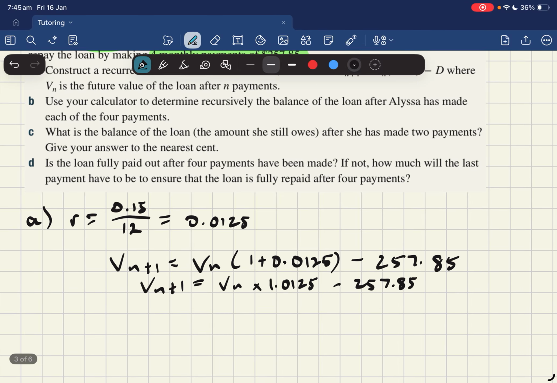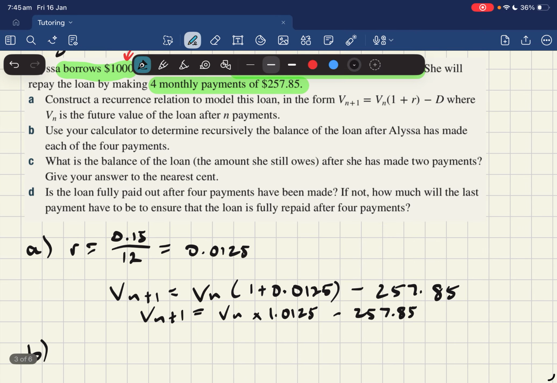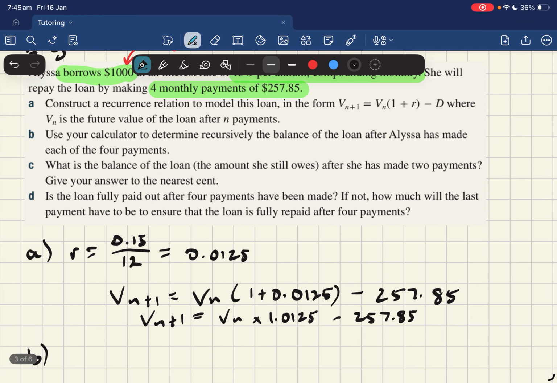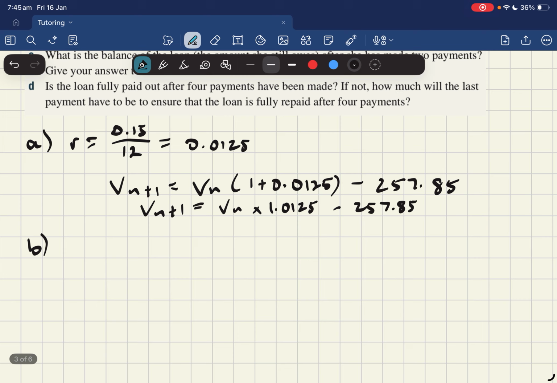Part B is saying to use your calculator to determine recursively the balance of the loan after Alyssa has made each of the 4 payments. So here we are just substituting into our calculator and we are just taking our answer every time and re-substituting back in. I'll show you how that will look though. So at the end of our first month, our V of naught, our initial amount on the loan is $1,000.